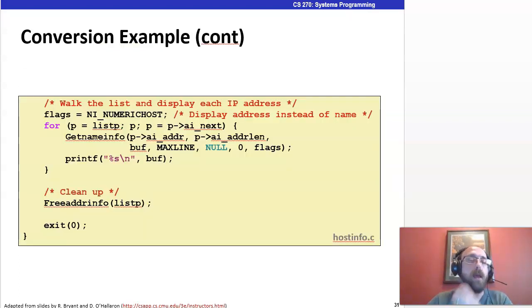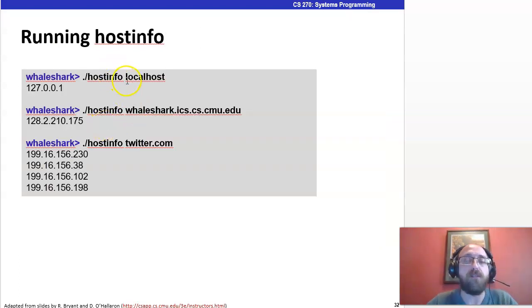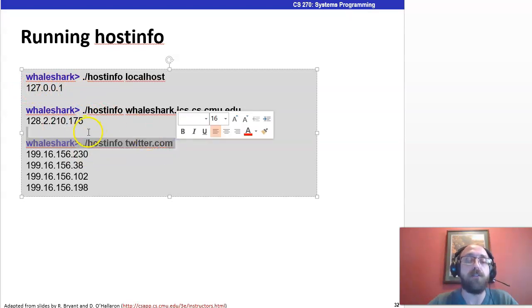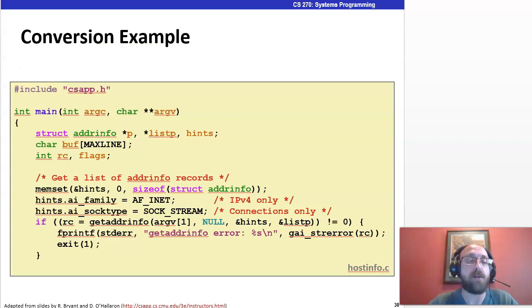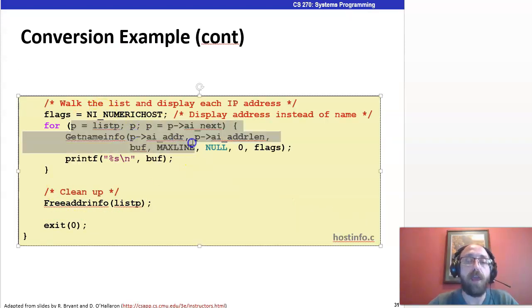All right, and if you run this, you can give it a host name, and it will return the IP address. If you give it a host name that has multiple IP addresses, like twitter.com, then remember getaddrinfo returns a linked list. This will go through that linked list and translate that struct sockaddr into a string and print out that information.